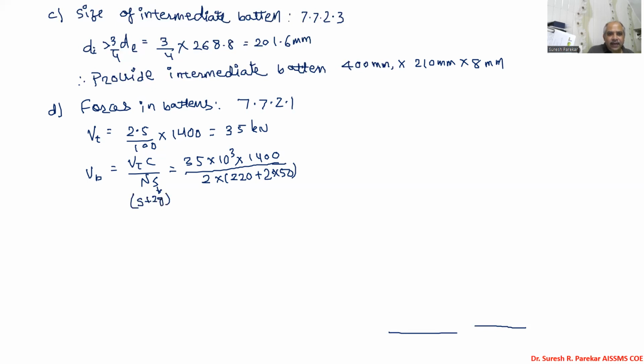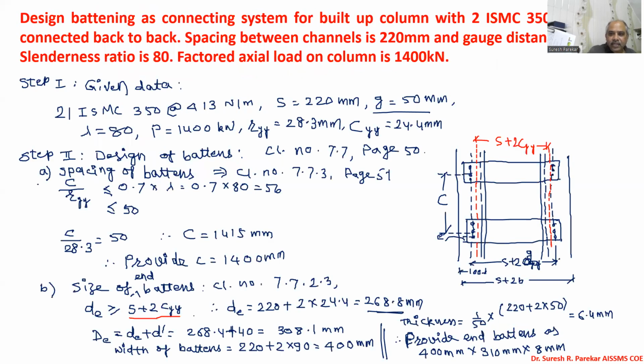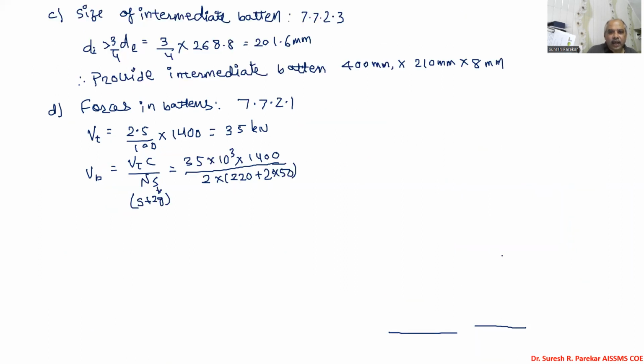This S is given in IS; if you read that clause, S is S plus 2G. From this we get the value of VB, which is equal to 76.5 kilonewtons.